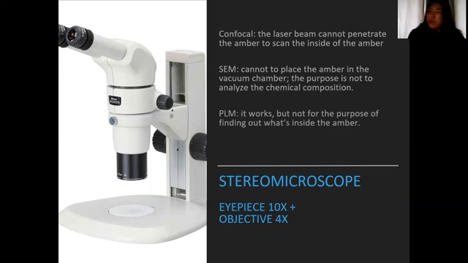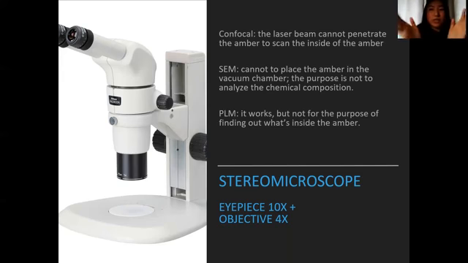For the PLM, it does work because remember, the amber is birefringent. But also, it is really not my purpose to find out whether this is a birefringent material or not. That's not the purpose.